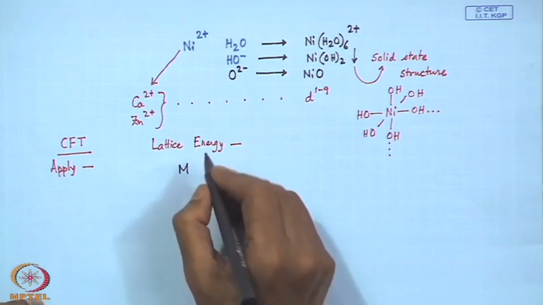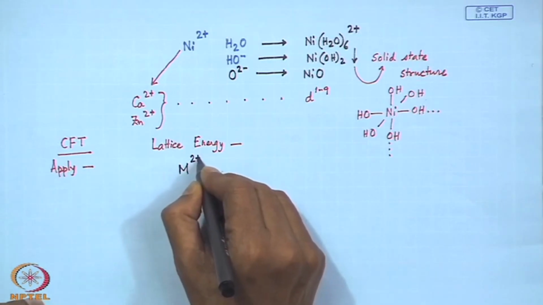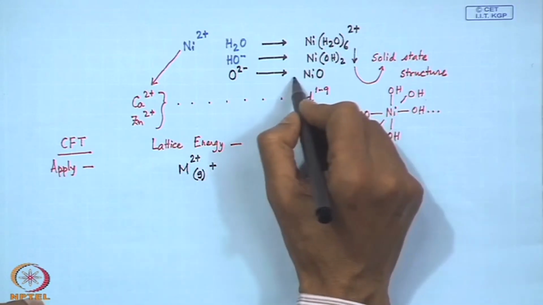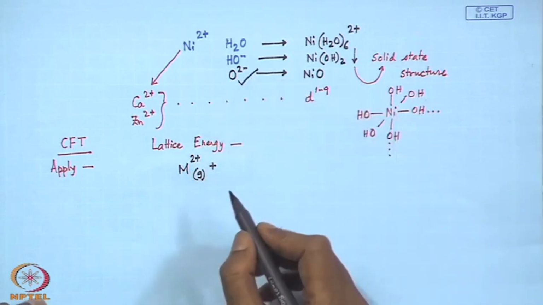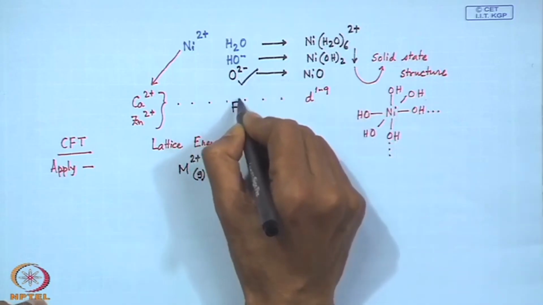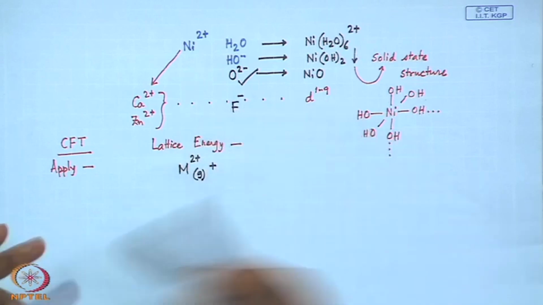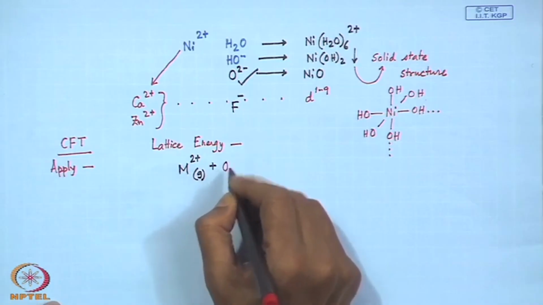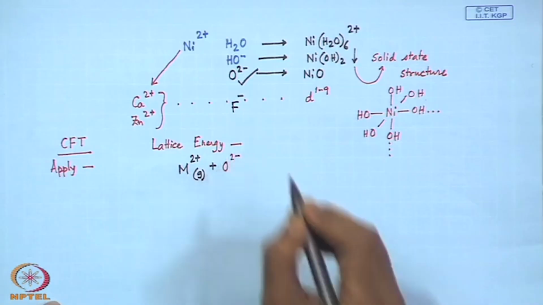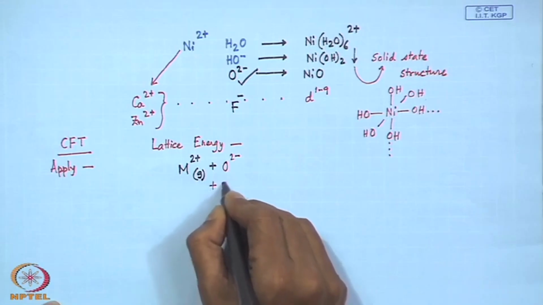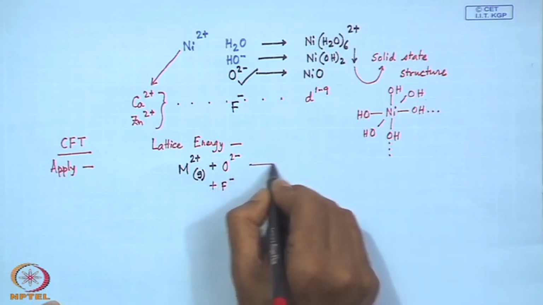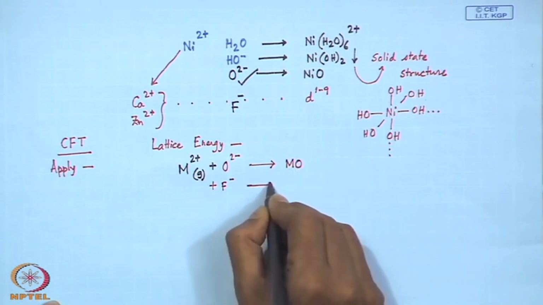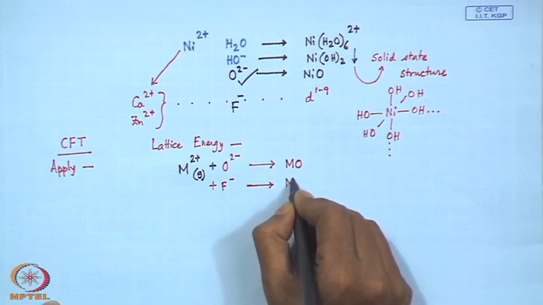So, when this metal ion is present, say M2 plus in the gaseous state, with some of the species like this oxide anion or say fluoride anion, and they are reacting with anions like O2 minus or F minus, they give rise to the formation of the corresponding oxide or the fluoride.